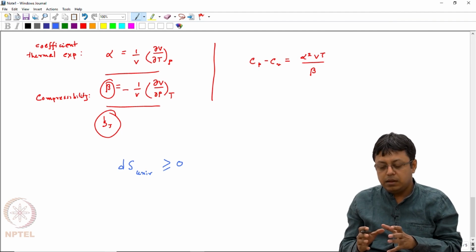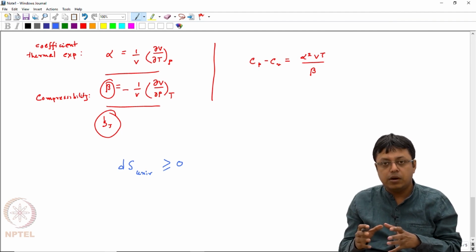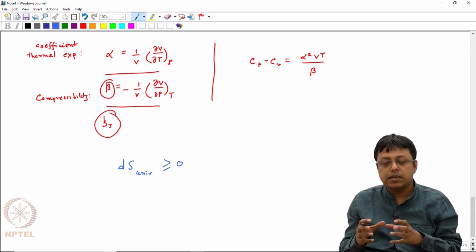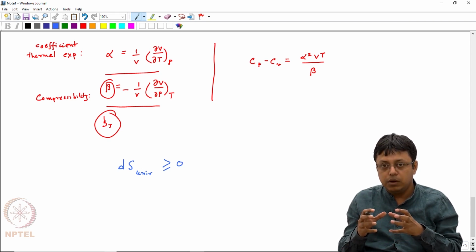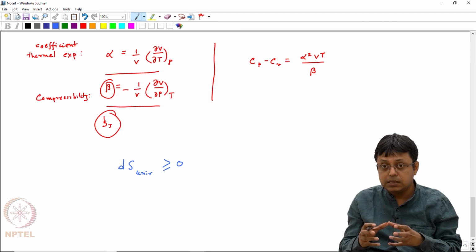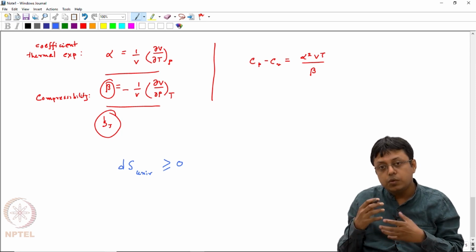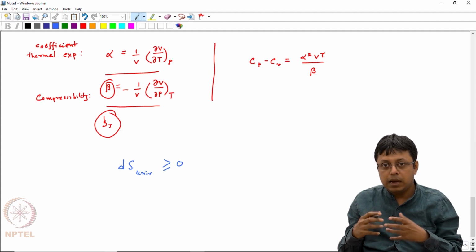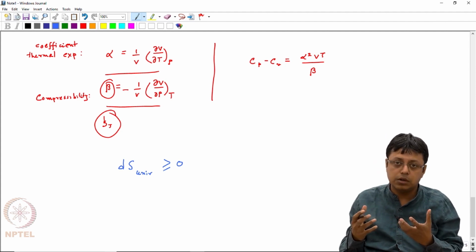The reason being, this equation is for the entropy change of the universe, but what you want is the entropy change of the system, because we want to do some measurement on the system and see the effects on the surroundings. So you want some quantity, positive or negative, that will give the directionality of a spontaneous or non-spontaneous process.